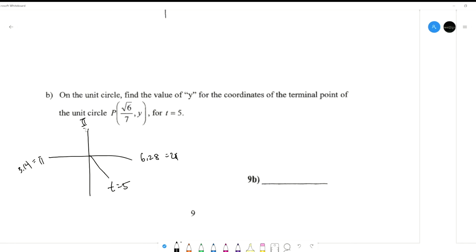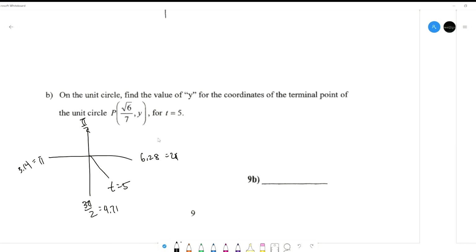This is pi over 2. This is 3 pi over 2. And 3 pi over 2 is about 4.7, right? So that's how we know you're in quadrant 4. Okay? All right, so besides that, we already know that in quadrant 4, we don't even really need to know that, but if you're in the radian mode, you know the y value is your sine, basically, right? Does everyone know that?